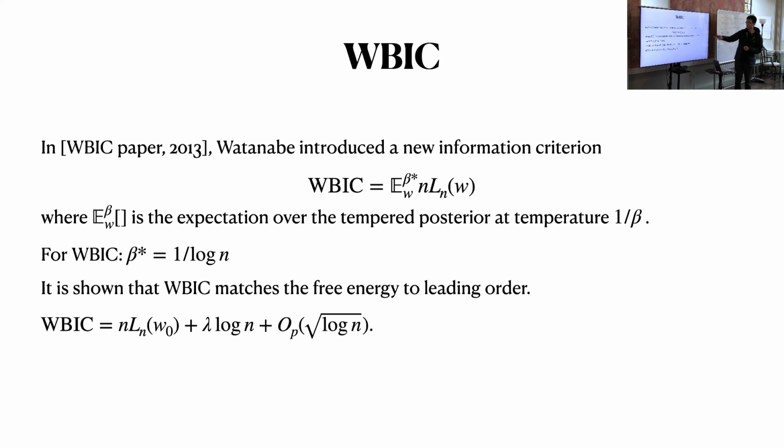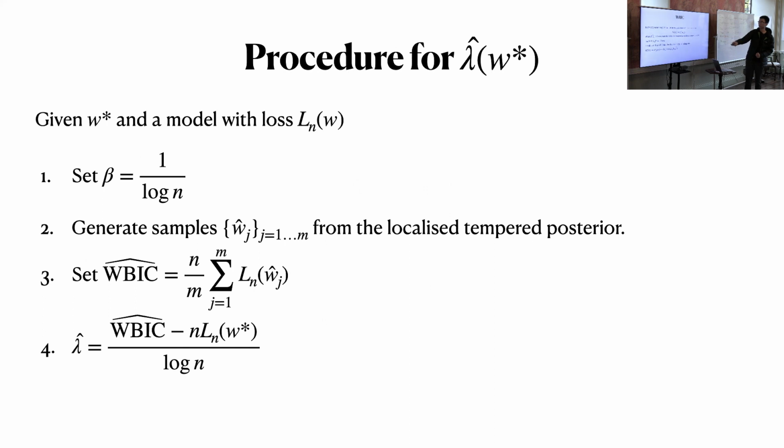And the temperature at which WBIC is defined is beta star equal to 1 over log n, where n is your data set size. So that's the definition, and with that, it is proven that the WBIC matches the free energy to leading order. Okay, and using that formula, we can get a procedure for estimating local lambda.